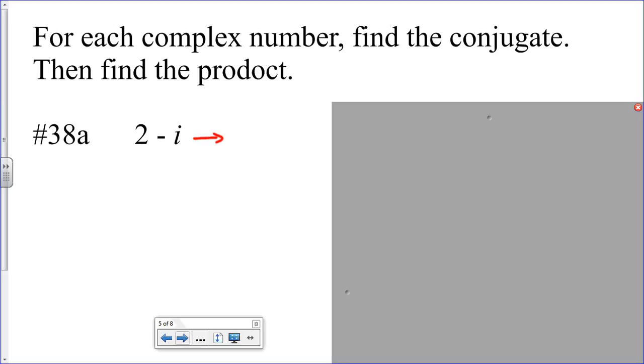So what's the conjugate of 2 minus i? 2 plus i. So remember, it's just the exact same except switch the sign of the second term. All right, and then it says find the product. So we want to multiply these together.